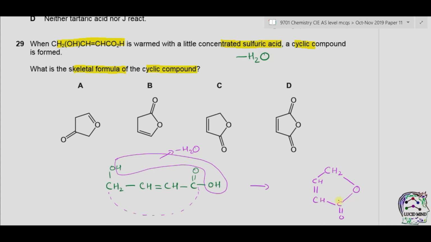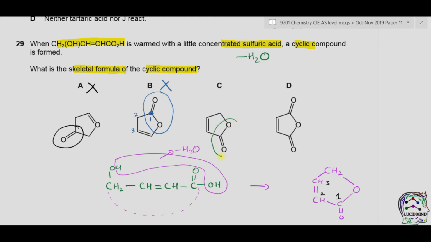Now starting from the carboxylic acid carbon, this is first, second and third, so we can see that the double bond is present between the second and third carbon. In the first one there is no carboxylic acid, a ketone is present, so A is incorrect. In B we have this one as carboxylic acid, so if this is the first carbon atom then the double bond should be present between second and third, so B is also incorrect.